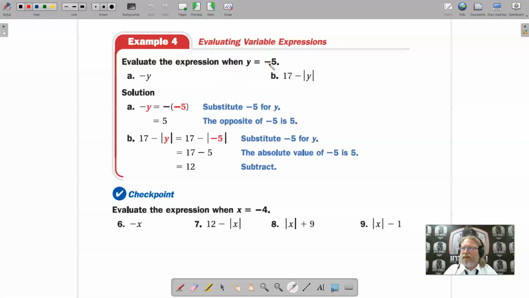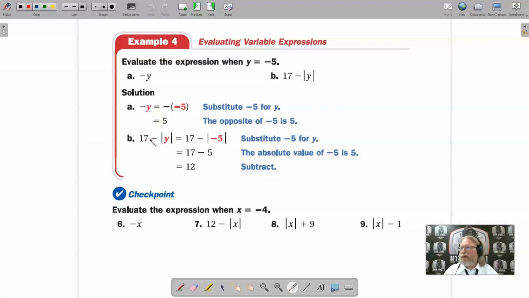Even though it's a negative 5, we're going to put it in parentheses. A good practice is to take whatever they give you and rewrite it, but whatever the variable is, put it in parentheses. So we have a minus sign and then in parentheses negative 5, because that's what y is. We read the negative sign as the opposite of. So the opposite of negative 5 is positive 5.